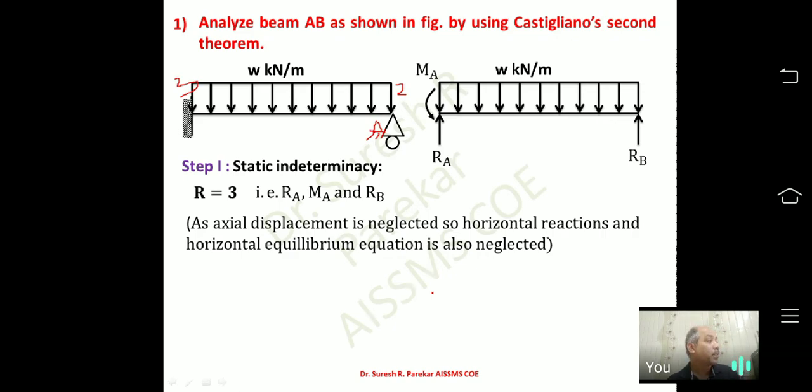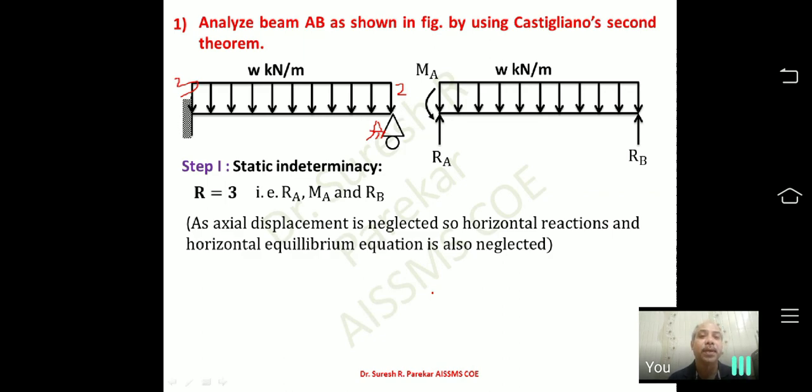So that is most important whenever you go for any method, maybe Castigliano's theorem, slope deflection method, moment distribution method, flexibility method, or stiffness method.